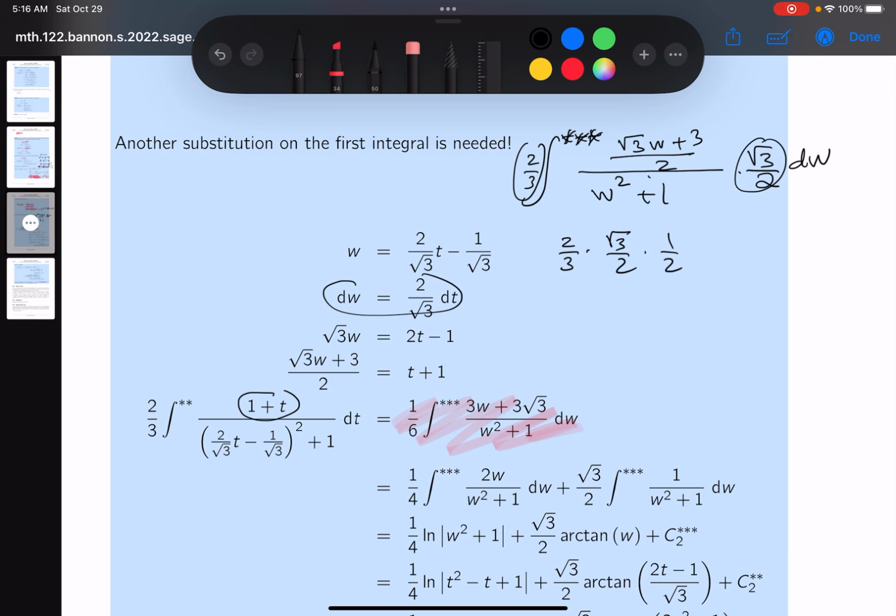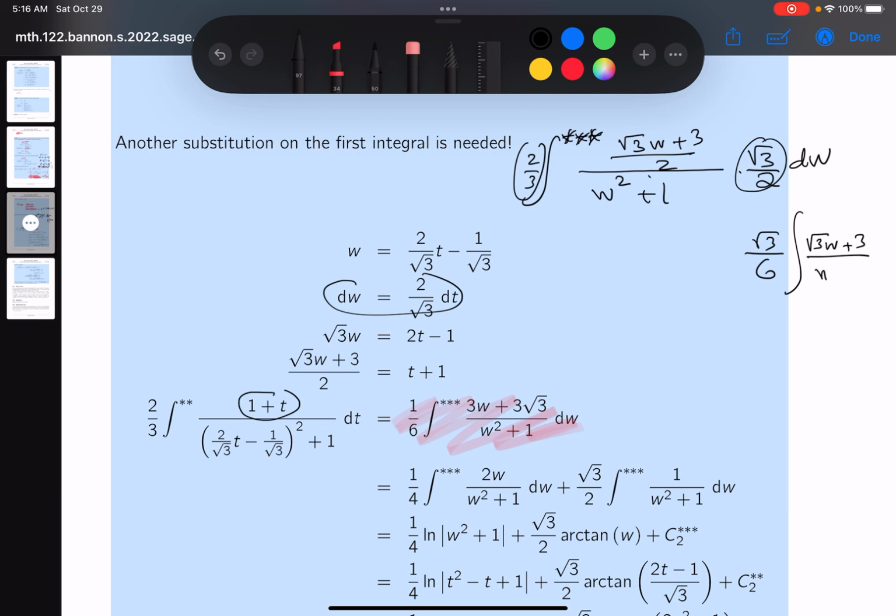Well, the 2's cancel, and we would get √3 over 6. And let me write this thing down. I'm going to start to erase this over here now. Again, we're trying to aim for something in the K. And what do you get over there? You would get √3 w plus 3 over w squared plus 1 dw.